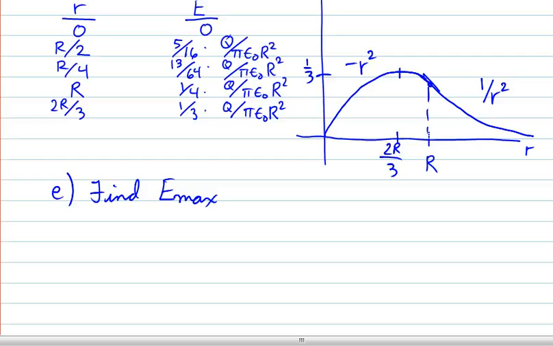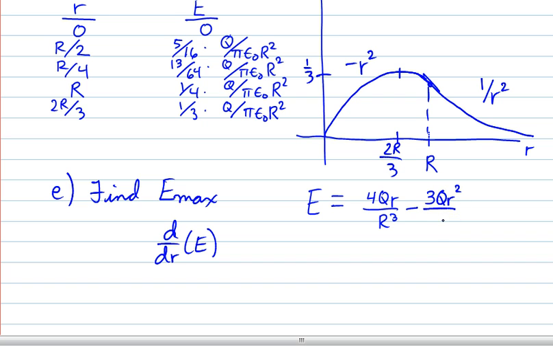In order to maximize the electric field, we have to take a derivative, the derivative of the field with respect to R. Just as a reminder, the field itself is 4q r over R cubed minus 3q r squared over R to the fourth, all divided by 4 pi epsilon naught.